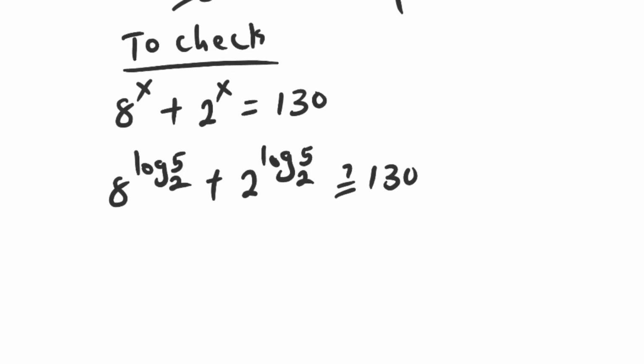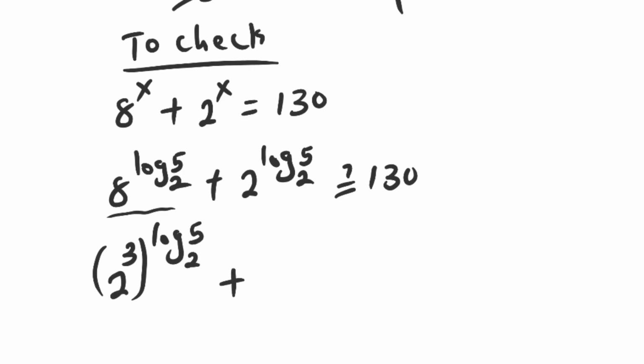Now this can be written as 2 raised to power 3, to the power of log 5 base 2, plus 2 raised to power log 5 base 2 must be equal to 130.